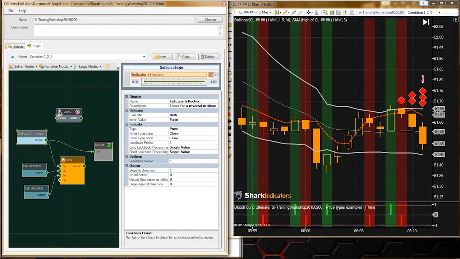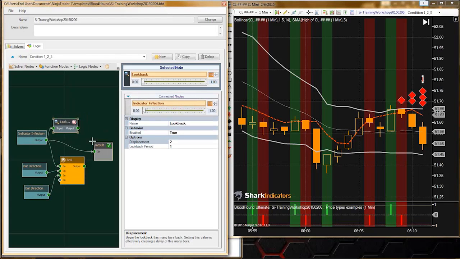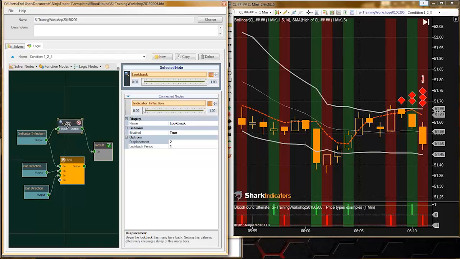So to answer the way the question was written, I think the simplest way would be to use a Lookback node, and we're going to use this displacement feature here. So I'm going to set this to 3. Actually, no, that's right. Displacement starts at 0, so I think we want 2. Let's take a look. Yeah, there we go.